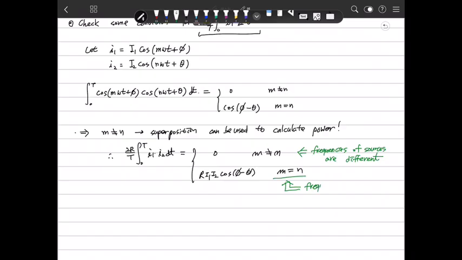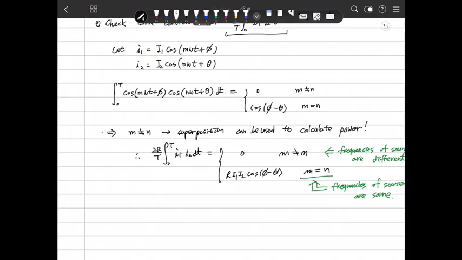The frequencies of our sources are the same. So power superposition can be used when the sources' frequencies are different, but if they have the same frequency, then we cannot use power superposition.